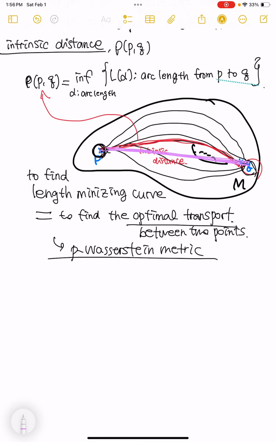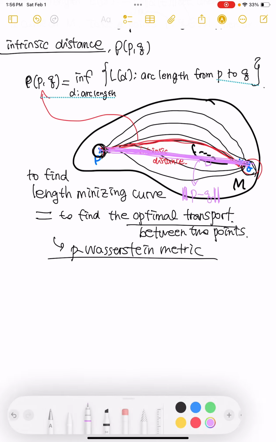But because this is a torus, without a bridge, we can transport P to Q this way. But this is written as the norm ‖P − Q‖.